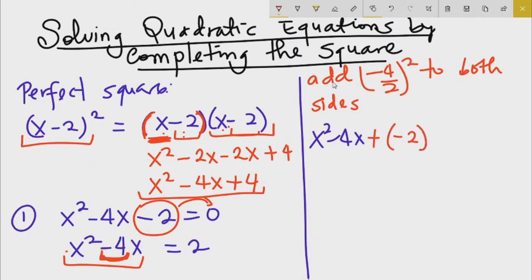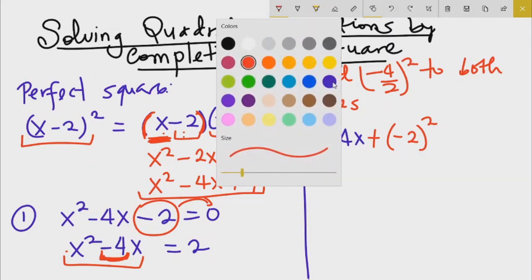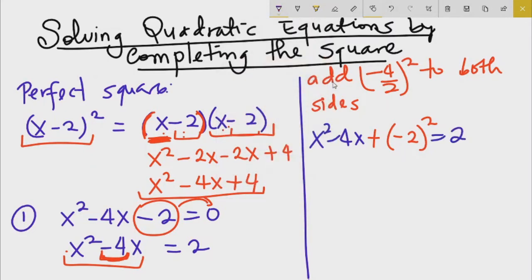So that will be (-2)² = 2 + (-2)². Okay? So now, since you know that (-2)², if I open this up, will become x² - 4x + 4 because -2 multiplied by -2 is 4. And voila, look at what I have.